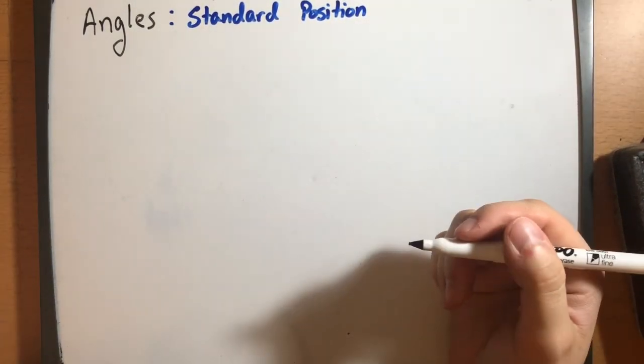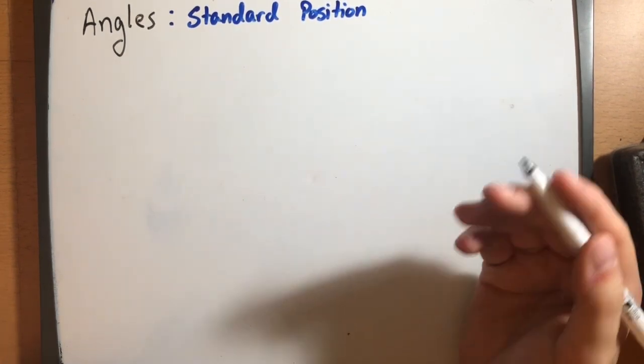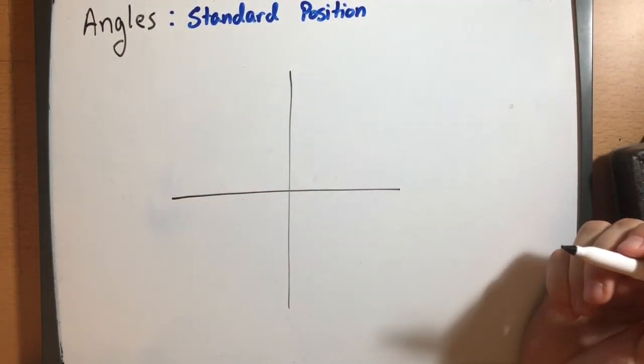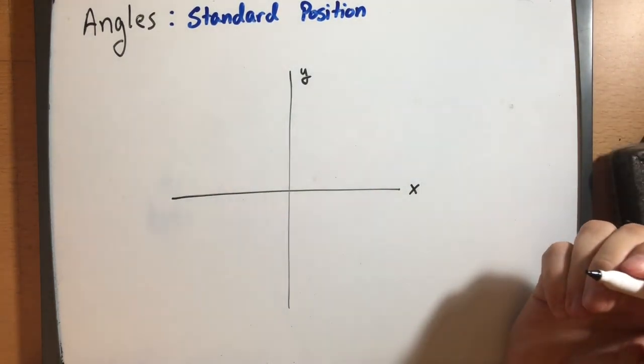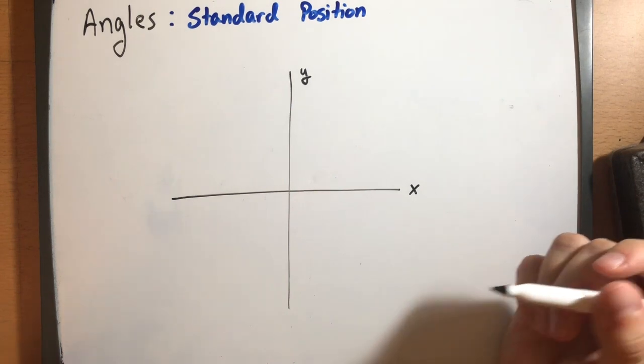A rectangular coordinate system, also called a Cartesian coordinate system, they mean the same exact thing, is a coordinate system where you have an x-axis and a y-axis.